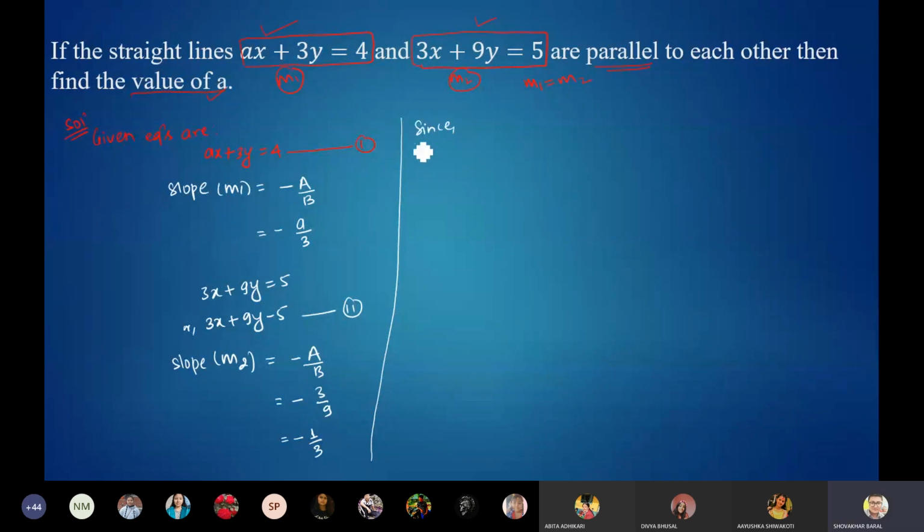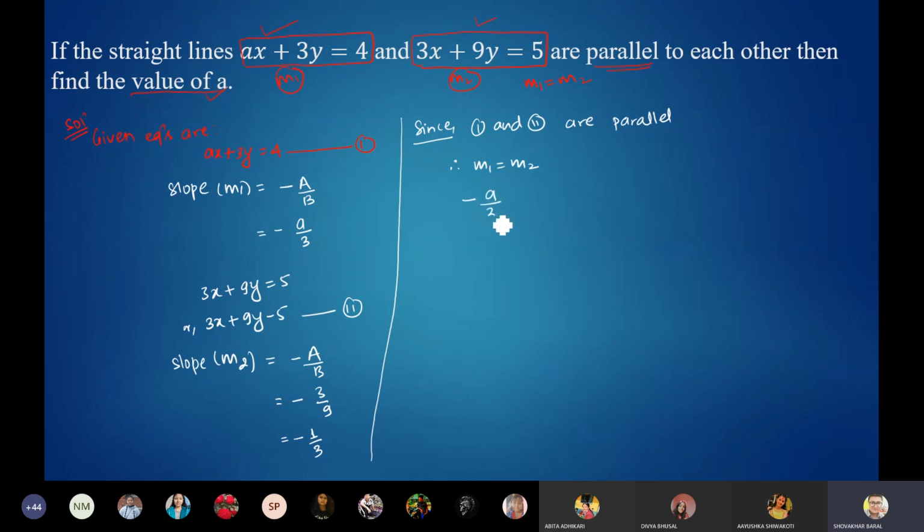Since equations 1 and 2 are parallel, therefore m1 is equal to m2. If the lines are parallel, then the slopes are equal. m1 is the slope of the first line and m2 is the slope of the second line.